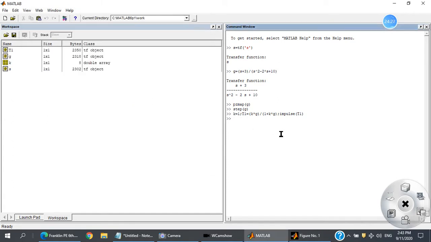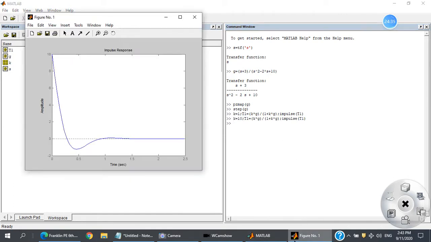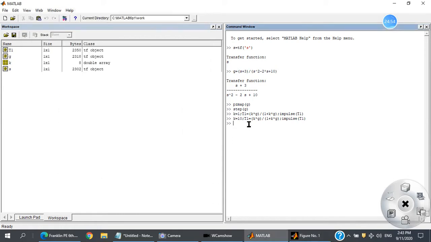So we want to increase k, like I use 10. Now the step response tends to be 0. So this is the stable case. And we want to find the boundary. We want to make it the marginal case.